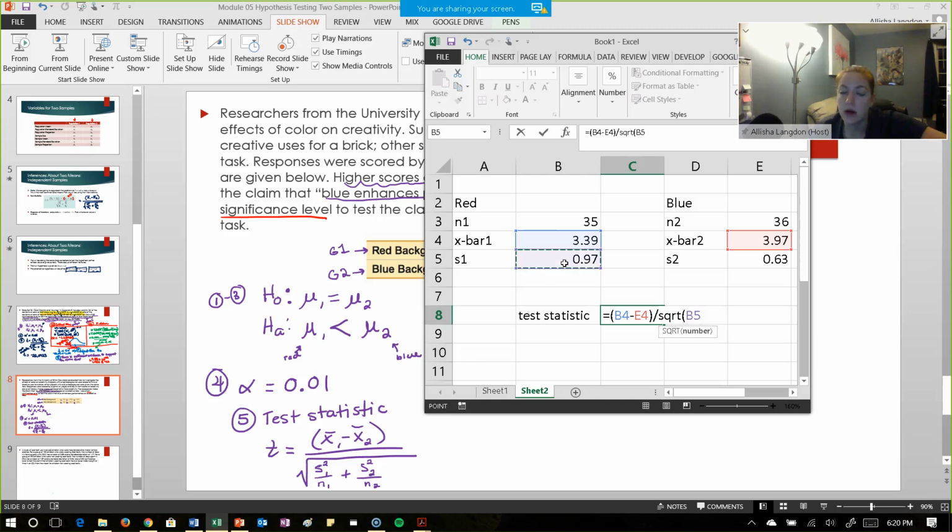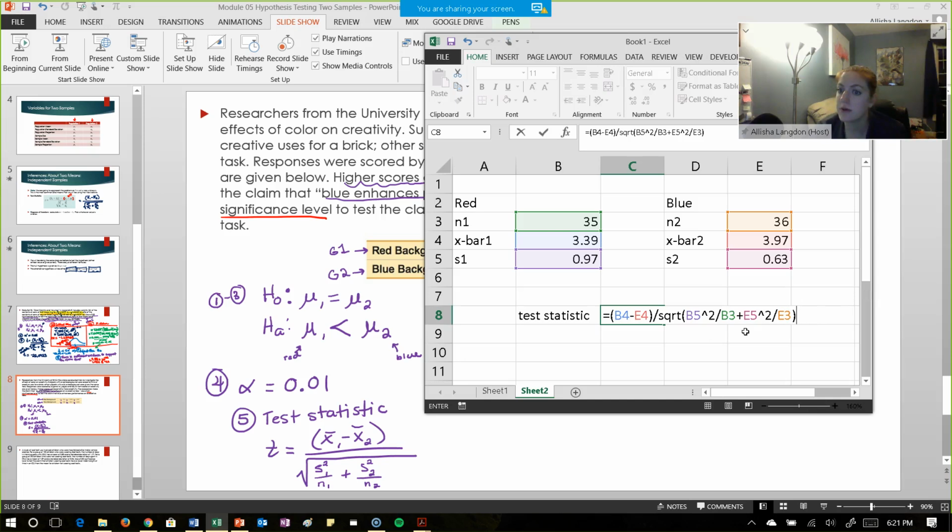So here's S1, shift 6, 2 is going to give you that square that you're looking for, divided by N1 plus, we're going to take S2, we're going to square that, so shift 6, 2, divide that by N2, close parenthesis.